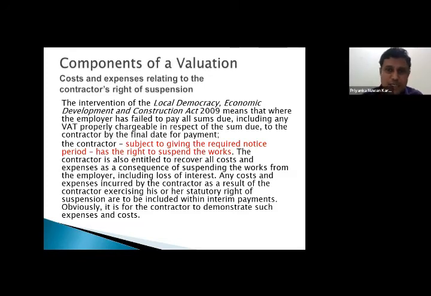This particular Act, the Construction Act, says that where the employer has failed to pay all sums due, including any VAT, actually VAT is not applicable here I think, properly chargeable in respect of sum due to the contractor by the final date of payment, the contractor, subject to giving the required notice, has a right to suspend the work. So it is a legal requirement.